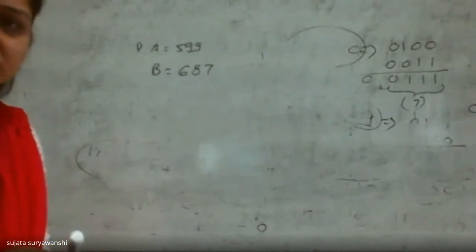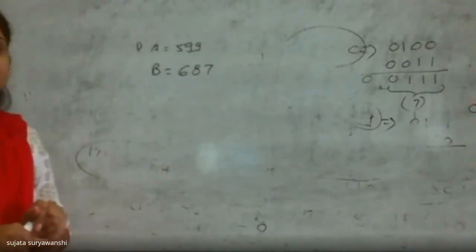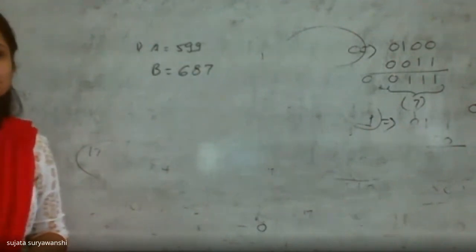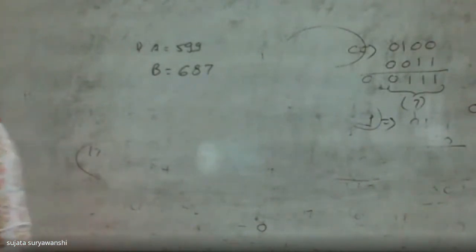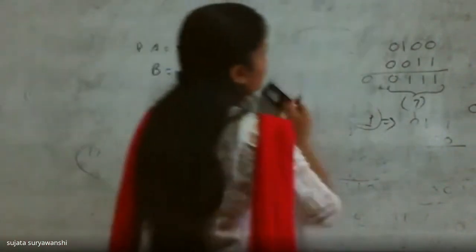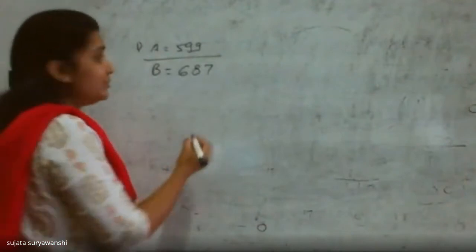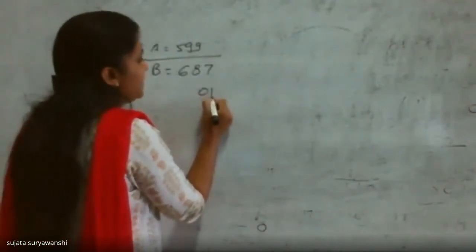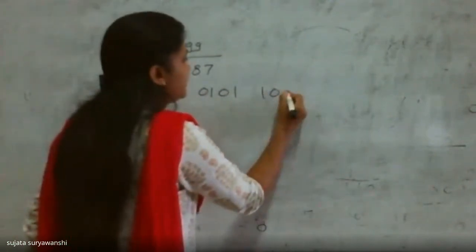Shall I explain it again? Start with A. How to represent 599? 5 can be represented by 0101. 9 can be represented by 1001.